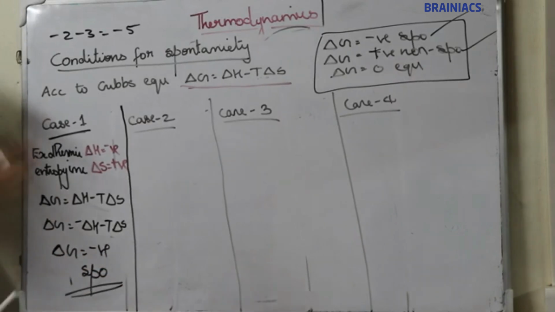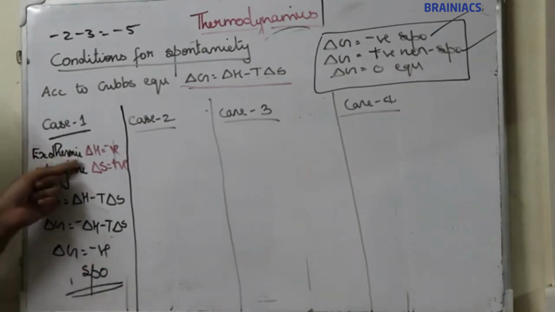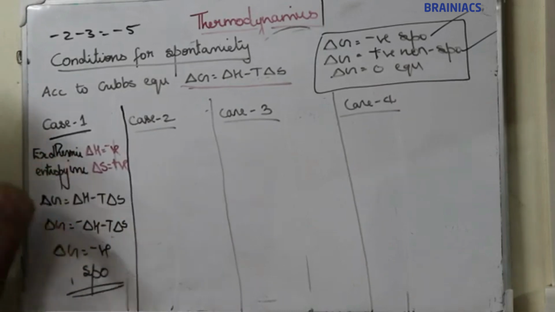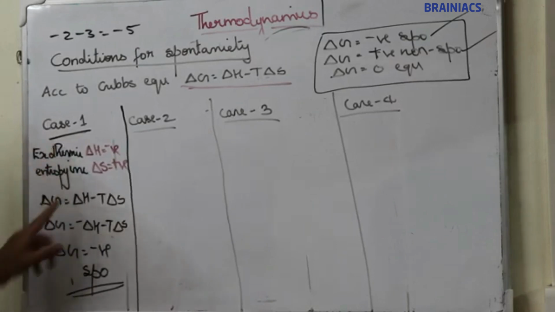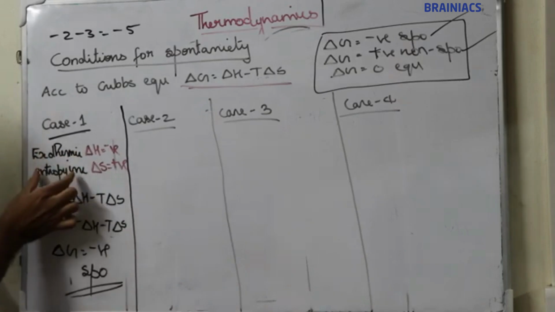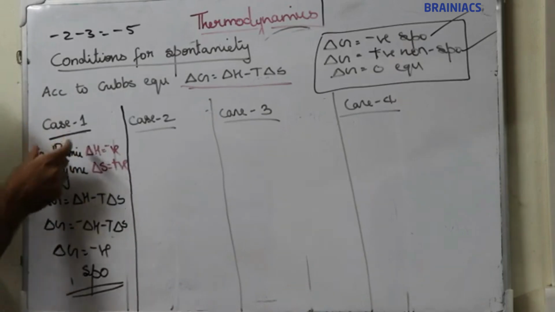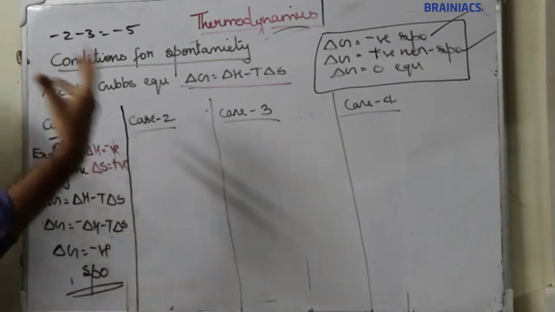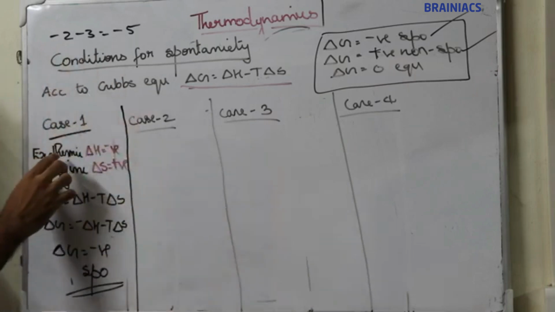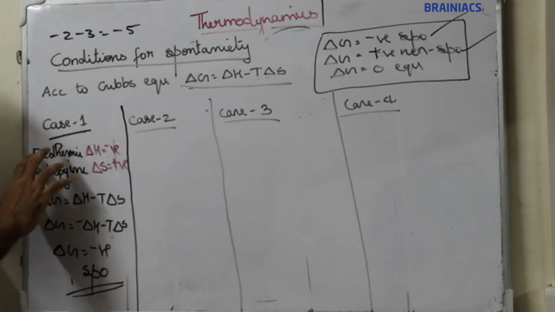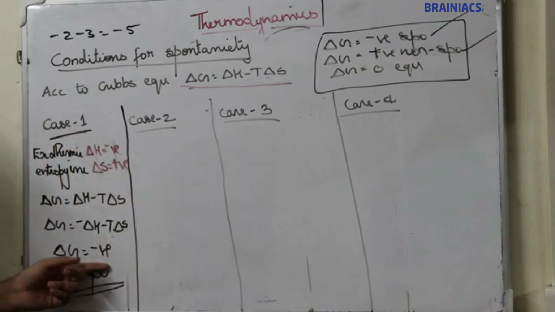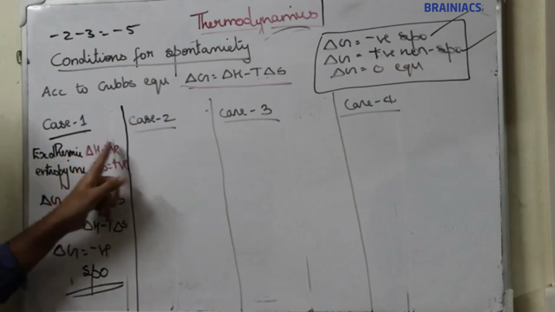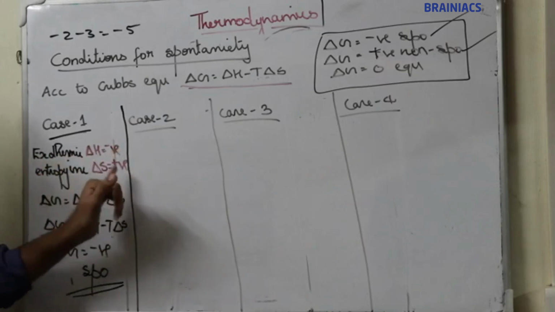So if you consider an exothermic reaction with entropy increases, those reactions are always spontaneous because for those reactions delta G value is negative. Exothermic means delta H negative, entropy increases means delta S positive.